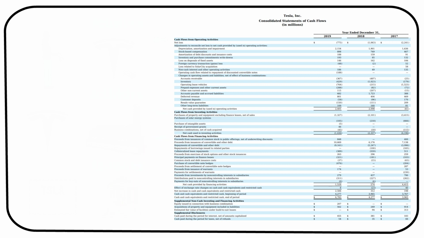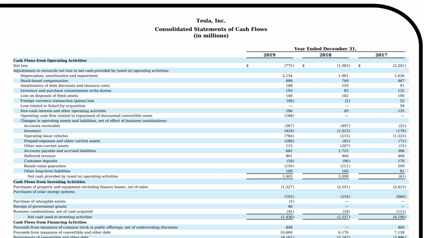Now we'll go through the cash flow statement from top to bottom. Tesla's cash flow statement shows how they used their cash throughout the year for the years 2019, 2018, and 2017. All of these numbers are in millions of dollars, so the number 1,000 represents $1 billion.